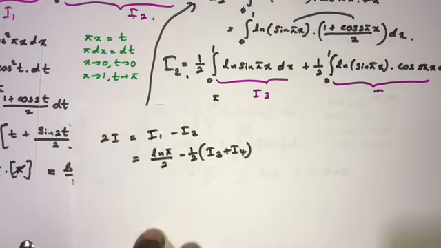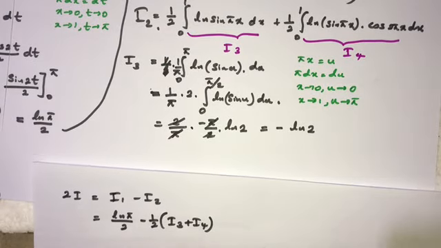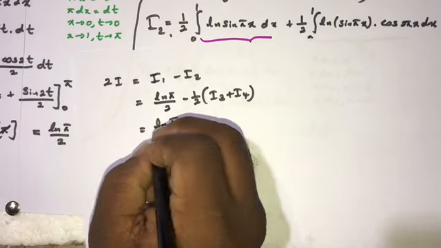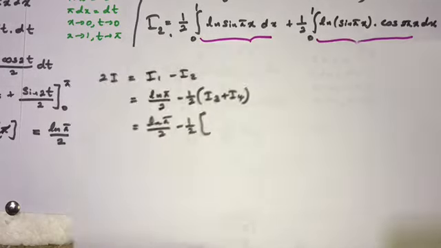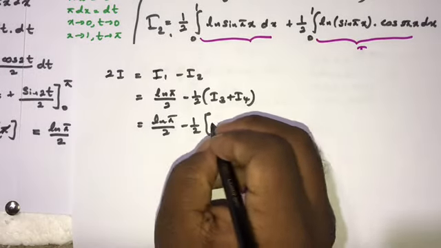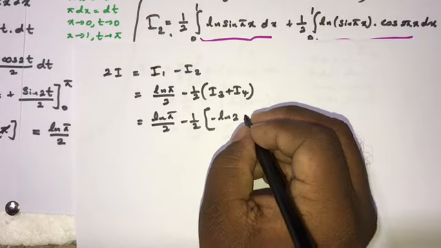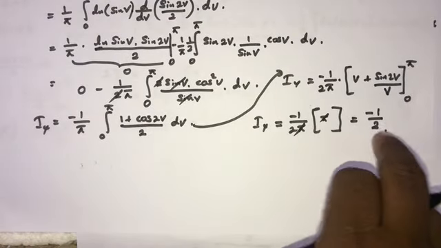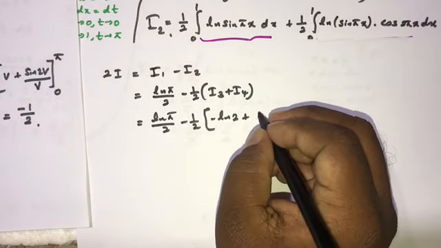Now I3 is equal to minus natural log of 2, so we can write natural log of 5 over 2 minus 1/2 of I3, minus natural log of 2, here plus I4, we know I4 is equal to minus 1/2, so we can write here minus 1/2.